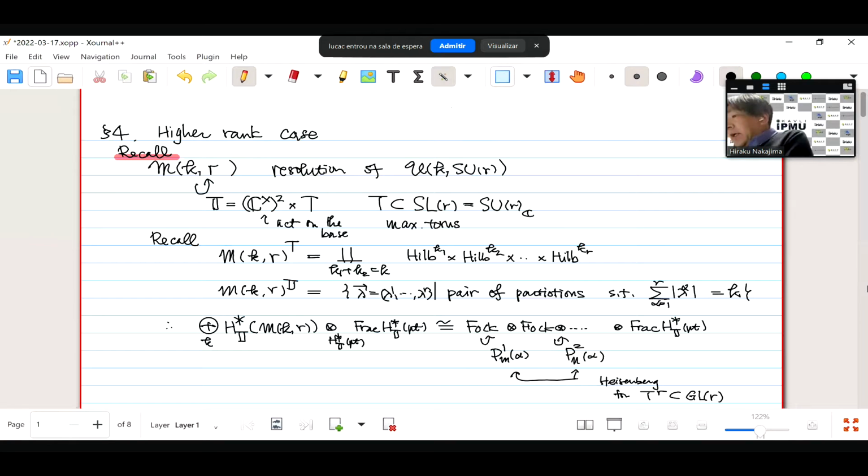And I emphasize that it's important to understand the fixed point set in M_{K,R}.